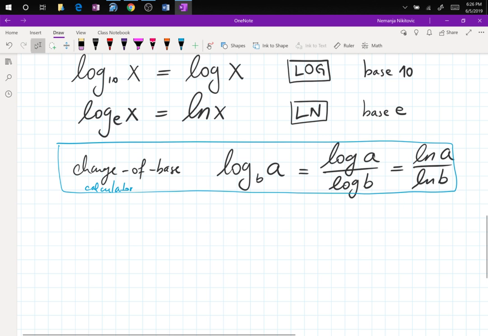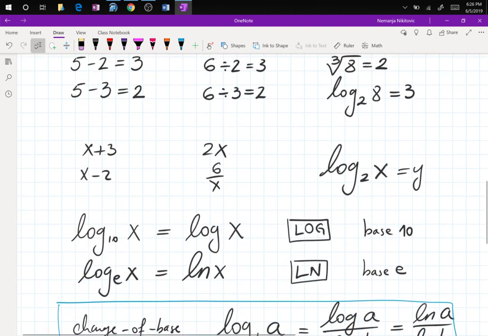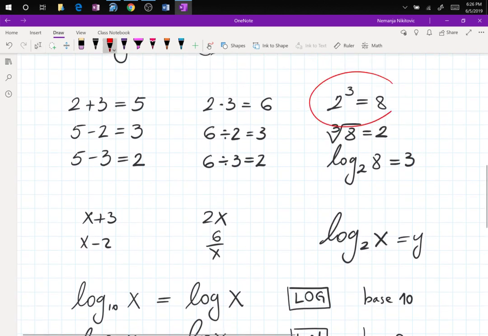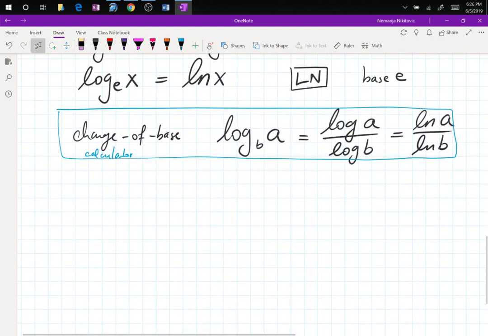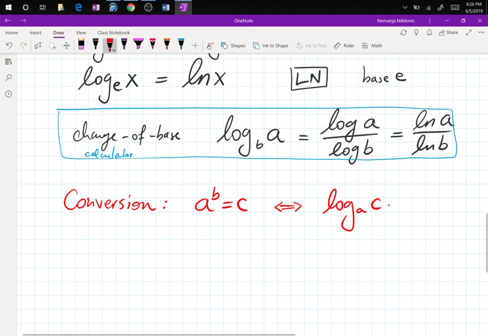The most important formula that you get to learn is the connection between the exponential function and the logarithmic function. Conversion: a raised to the b equals c converts back and forth to log base a of c equals b.